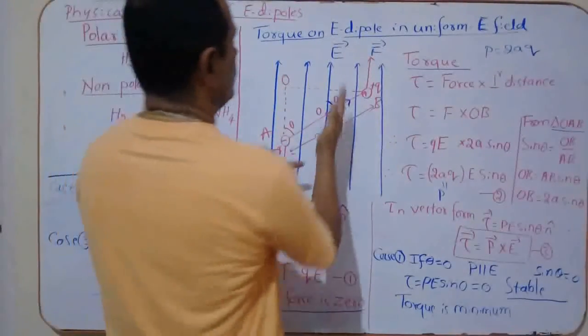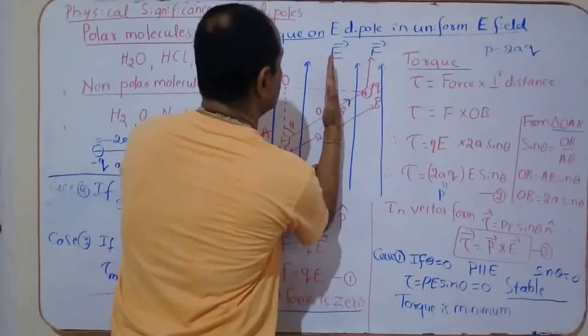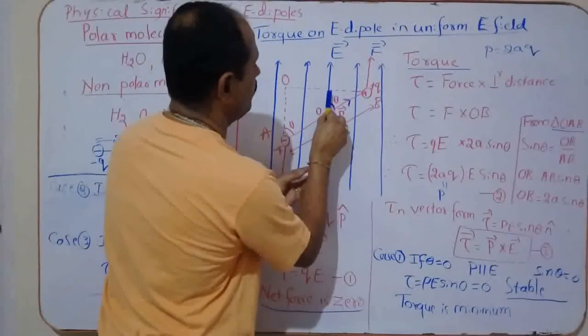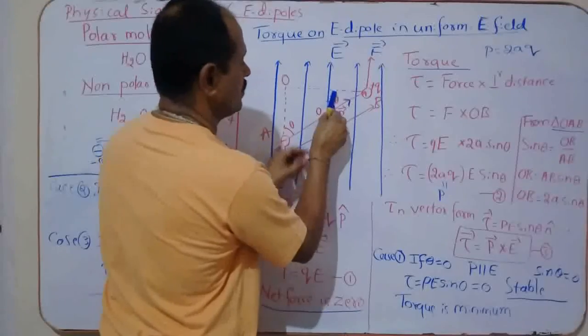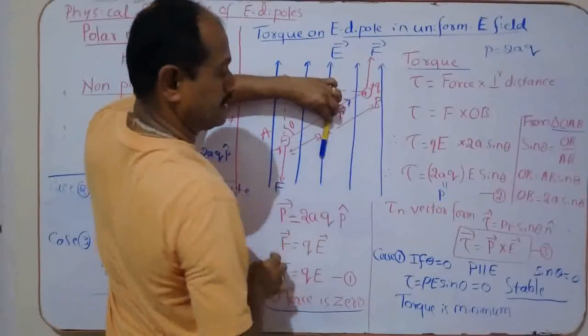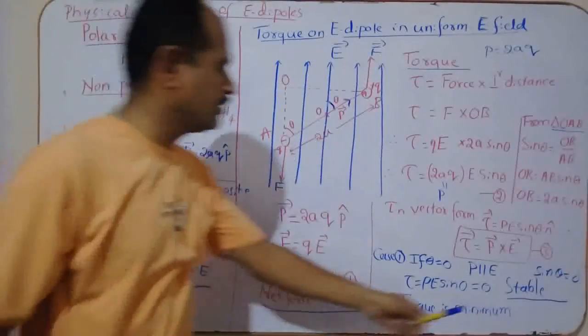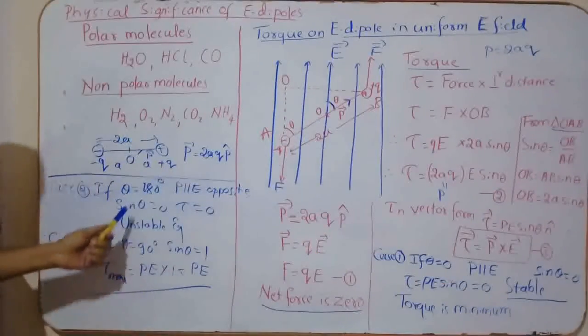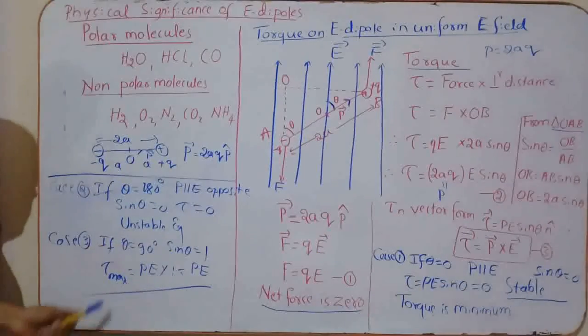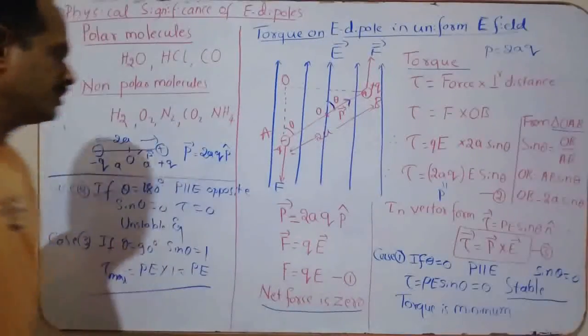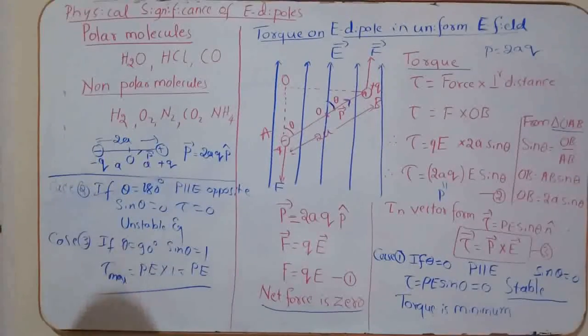The dipole is like this for theta equal to 0, and like this for 180 degrees. It is a stable equilibrium for theta 0 and unstable equilibrium for theta 180 degrees. In these cases minimum torque acts, but in this case maximum torque acts on the electric dipole.